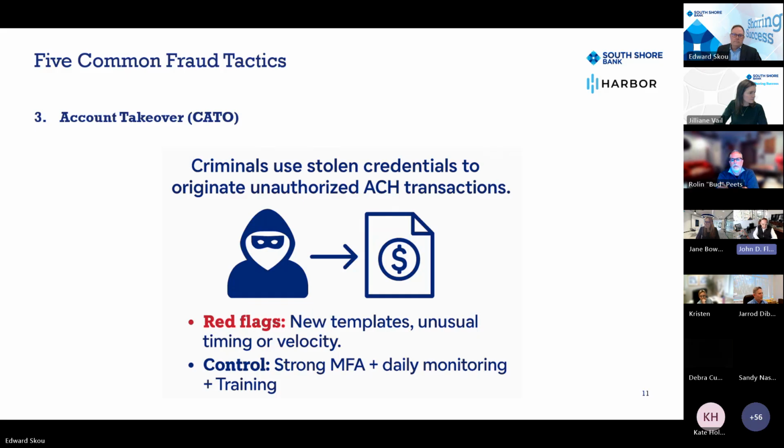Account takeover. Bud, hit this one. Yeah, sure. The easiest way, the threat actors, they can try to hack into our technology, but the easiest way for them is to steal credentials, access your account directly.